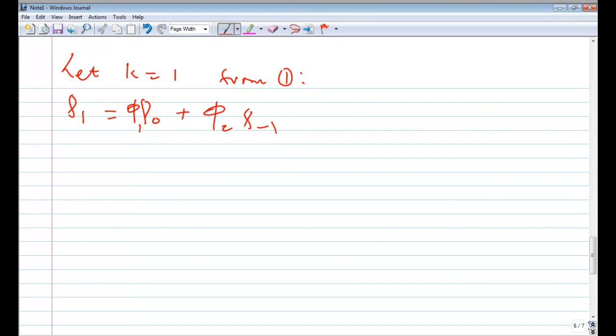Is that true? It's correct. Yes. Now, from the properties of autocorrelation functions, rho 0 is equal to 1, and rho of minus 1 is equal to rho 1.